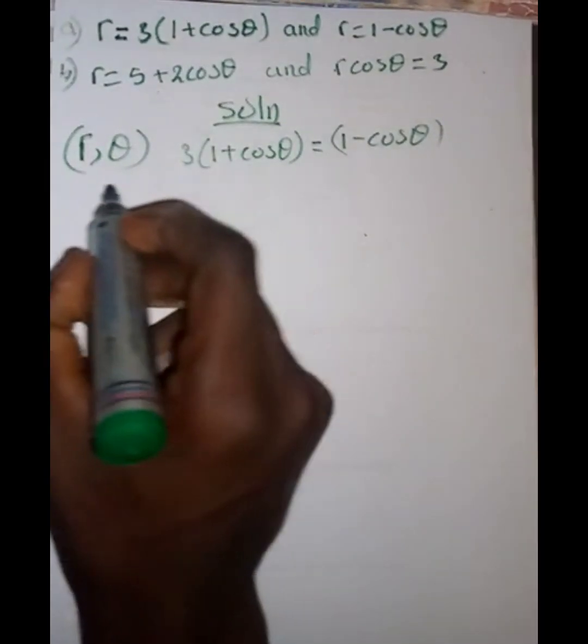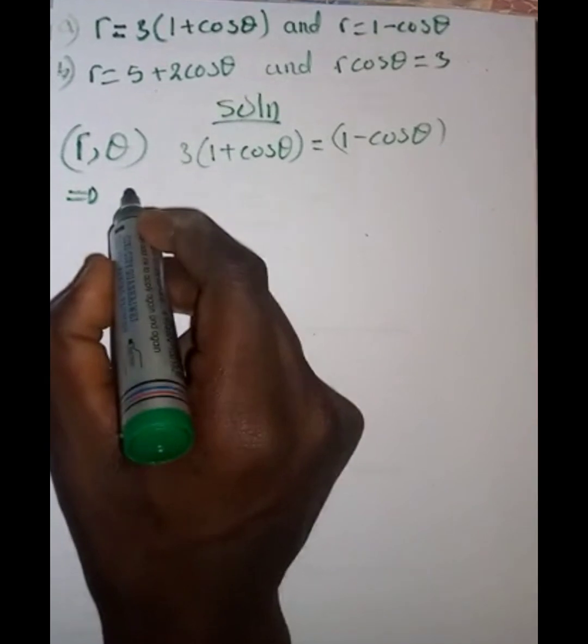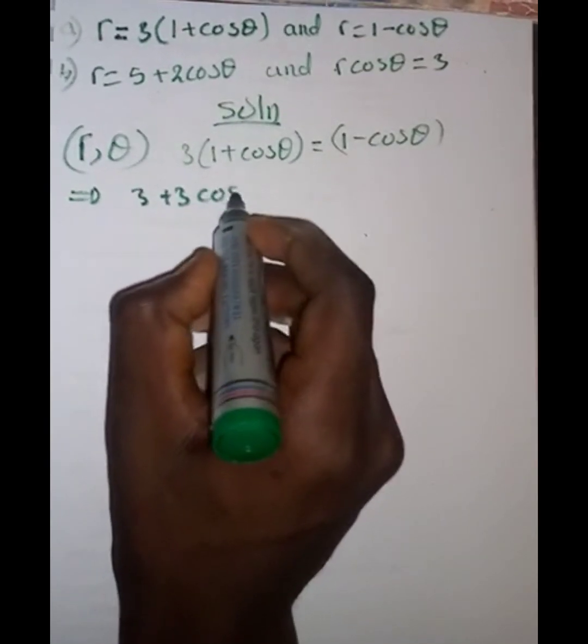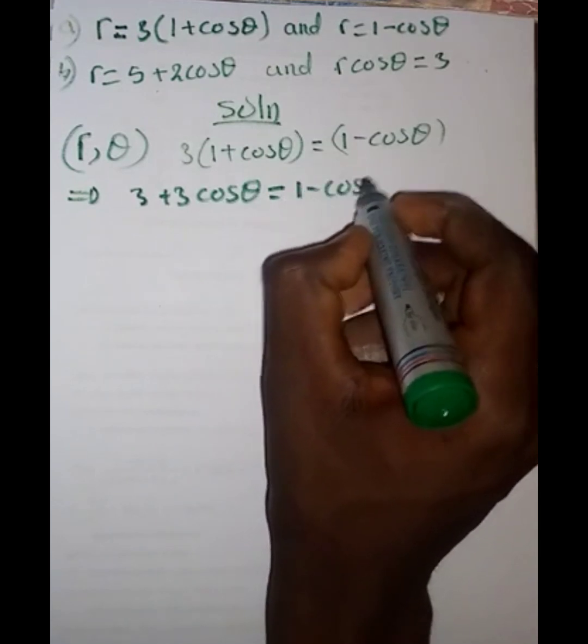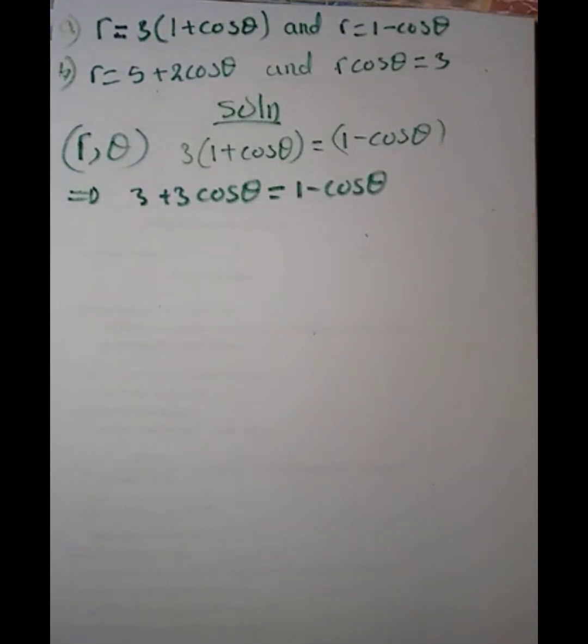So I can open out the brackets. In this case, I'm going to have 3 plus 3 cosine of theta equal to 1 minus cosine of theta. Now I can bring my like terms together.